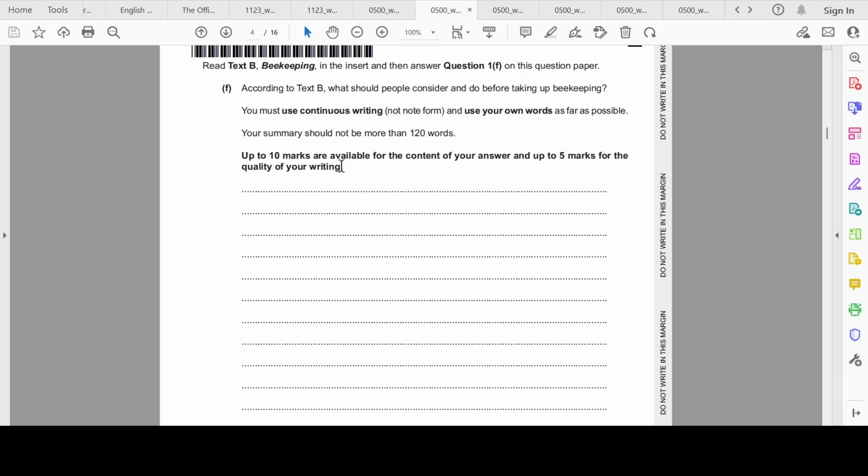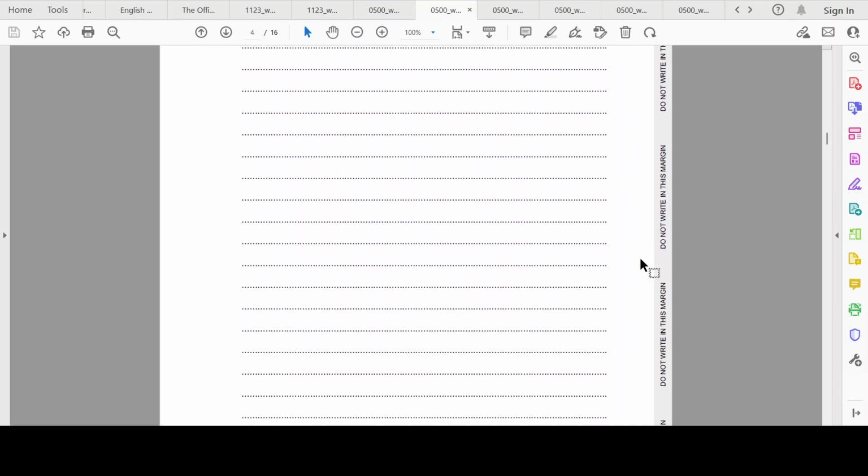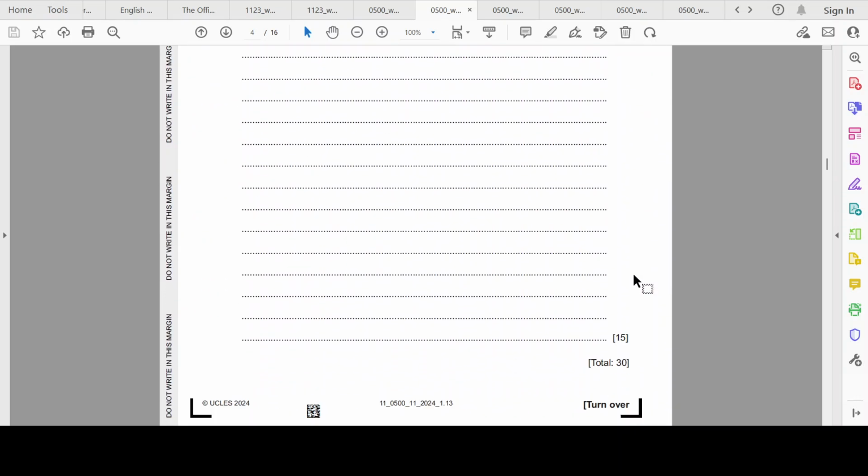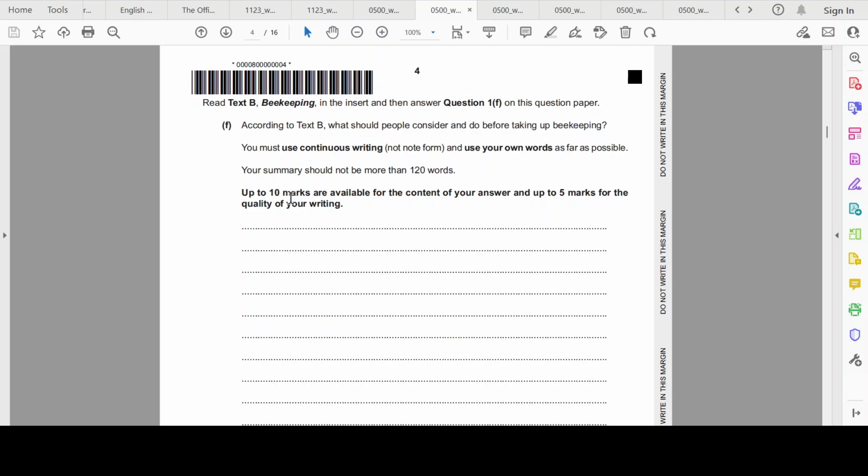The thing about this summary, it can be helpful. It's just that it is shorter than what you're expected to write in your 1123, so it's no more than 120 words, and its grading is also less, so it's only 15 marks, right? And it's 10 marks for content and 5 for the quality of your writing.